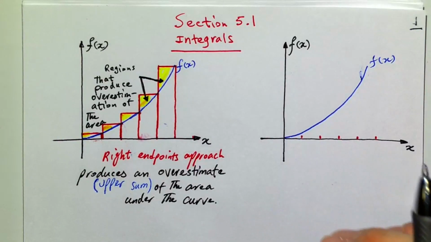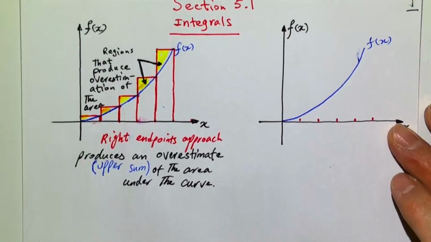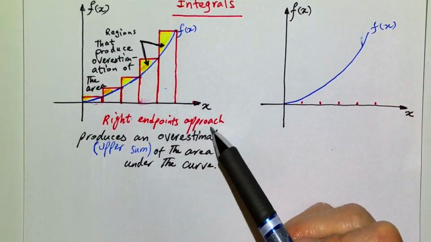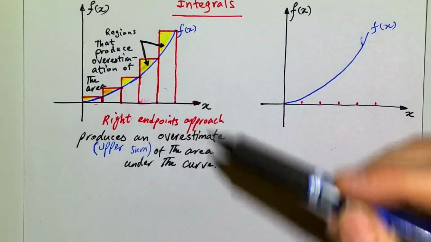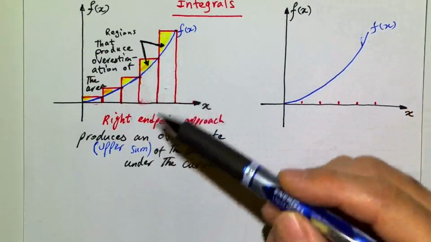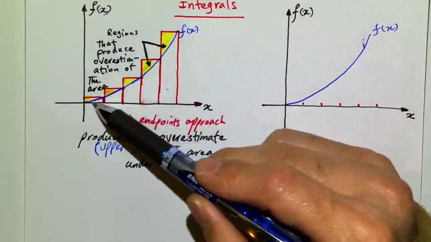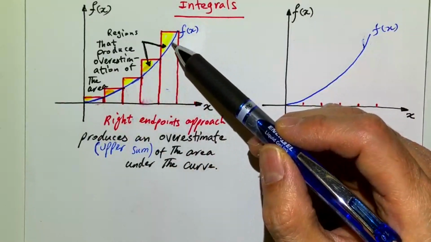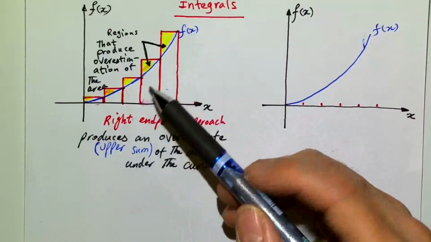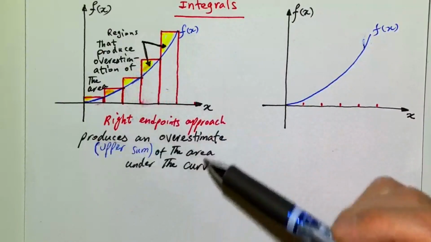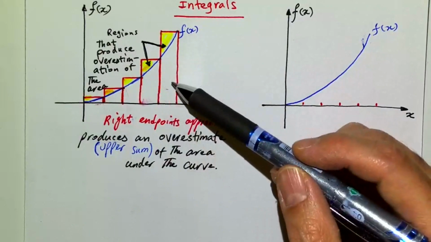And I should add, this will produce an overestimate for increasing curves. Notice that this curve is increasing. So this way of using the right point or right endpoints approach will produce an overestimate.